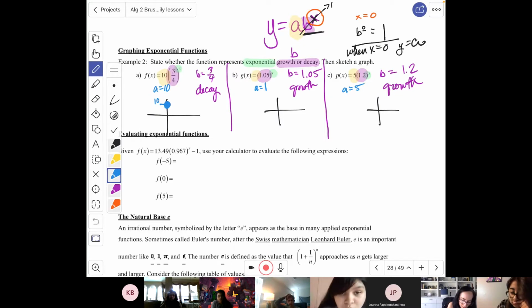What would the y-intercept be in the middle example? Again, the y-intercept is when x is 0.